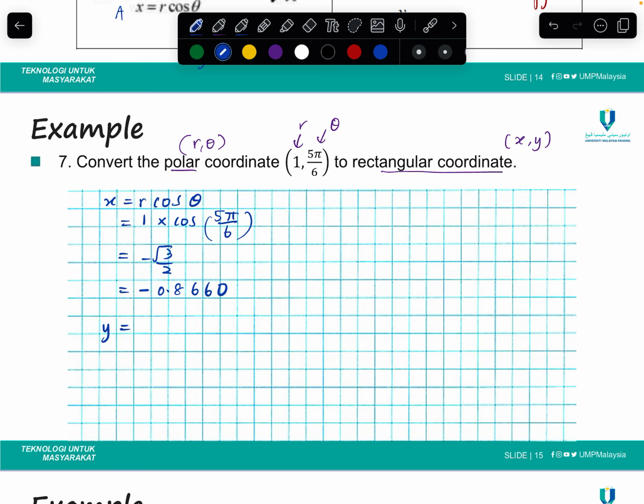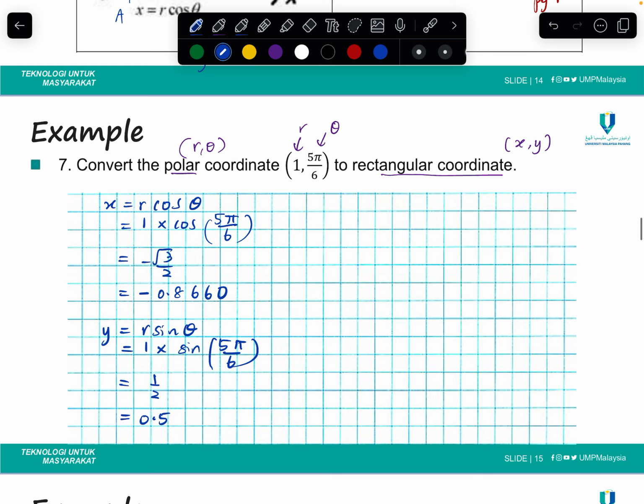y can be found by using the formula r sin theta. Similarly, we substitute the values of r and theta. Finally, you will obtain y equal to 0.5. Now your rectangular coordinates are solved already. So you can combine both elements x and y.